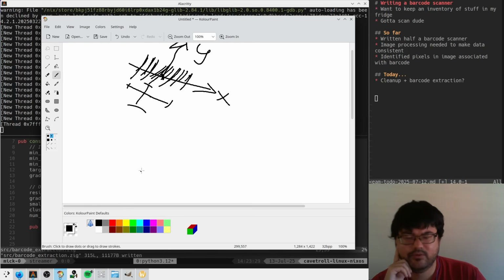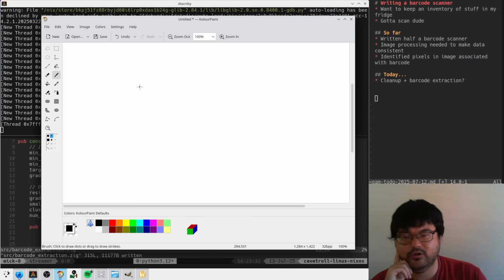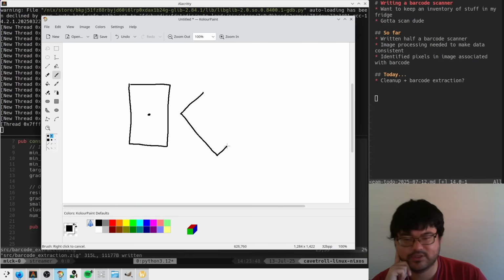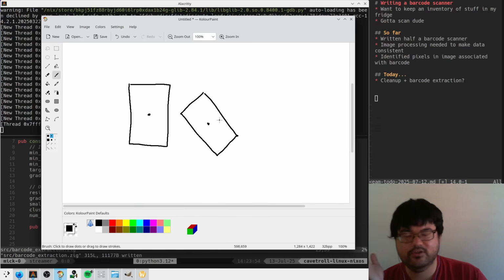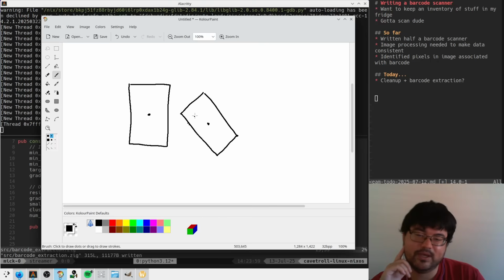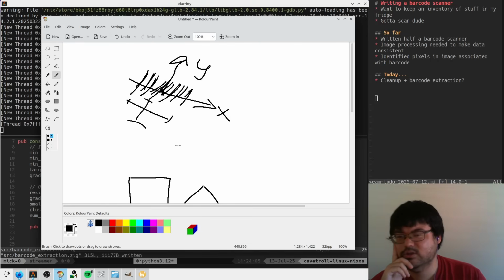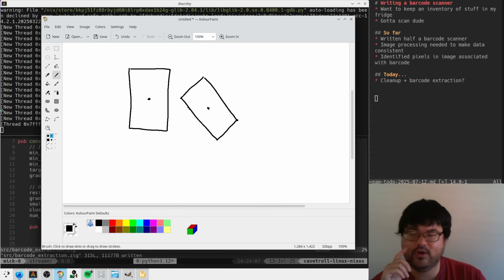Is the average... So if you have a rectangle with a center, and you rotate it, I don't really know if the center point is the same. Of course, the center is the same because you're rotating around the center, but is it true that there's the same amount of pixels to the left and to the right? It's gotta be, right? It's symmetric. It has to be. So we find the center.